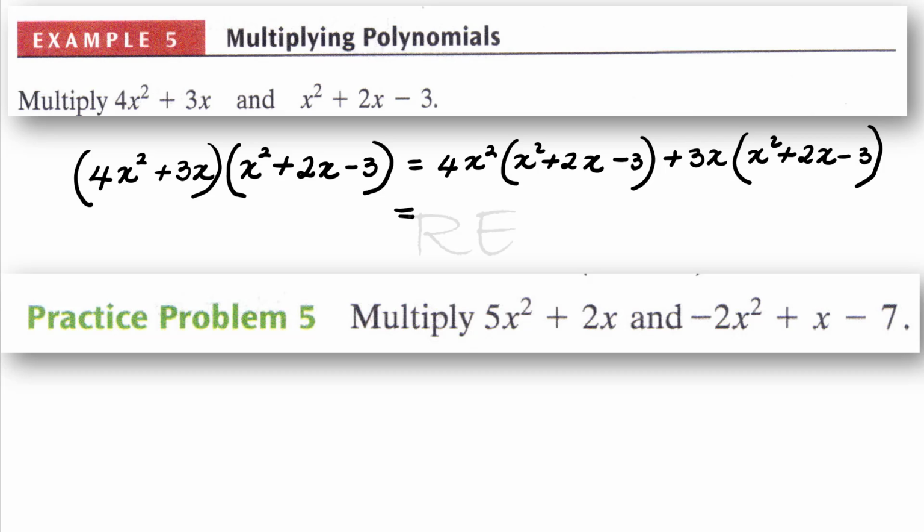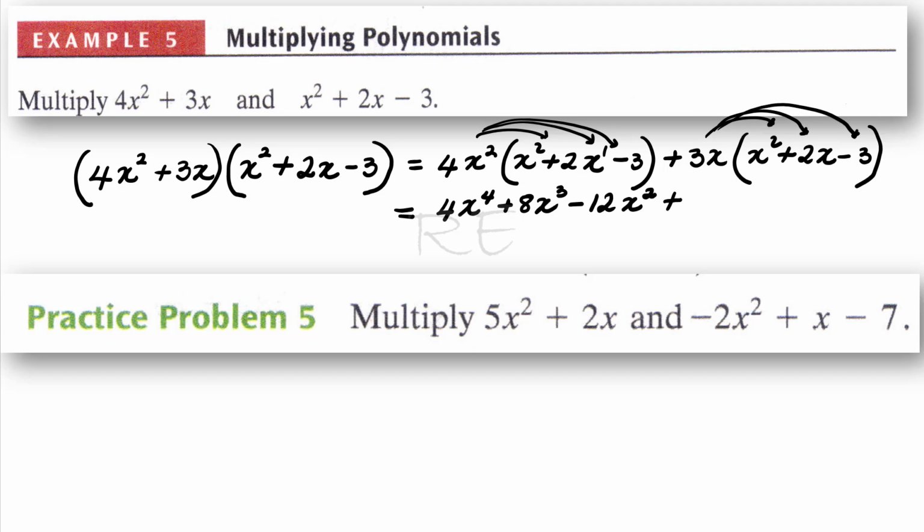Now 4x squared times x squared will be 4x to the 4th. 4x squared times 2x will be 8x to the 3rd. And 4x squared times negative 3, negative 12x squared.